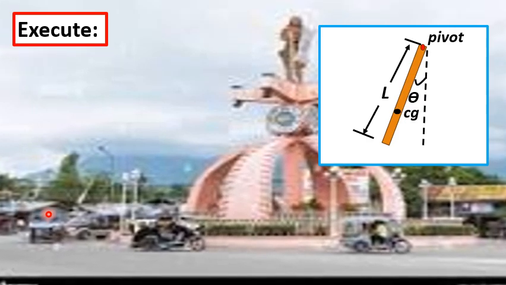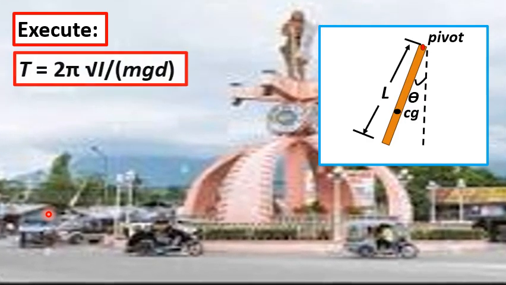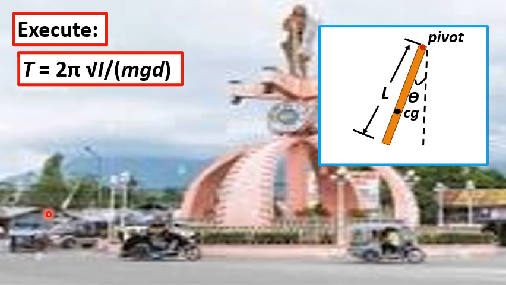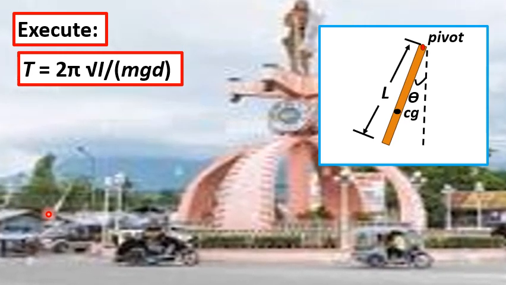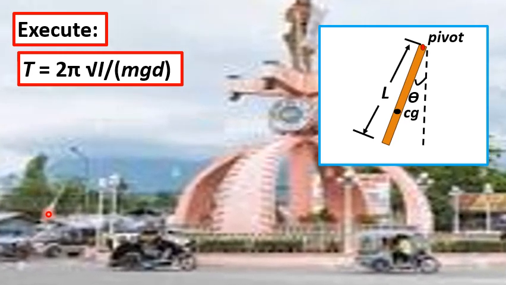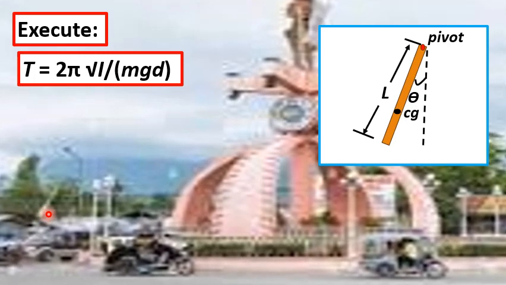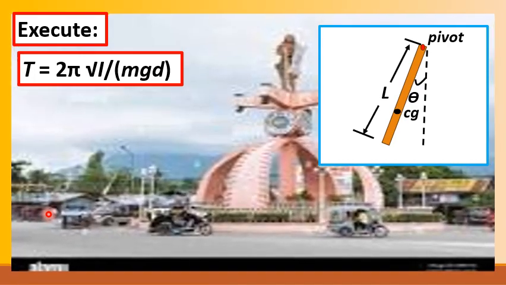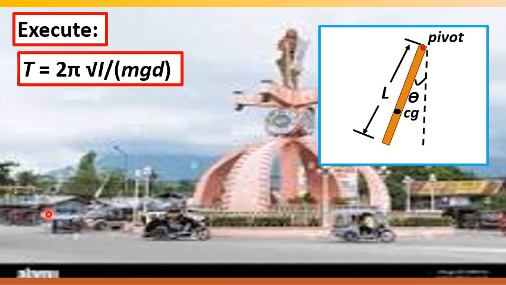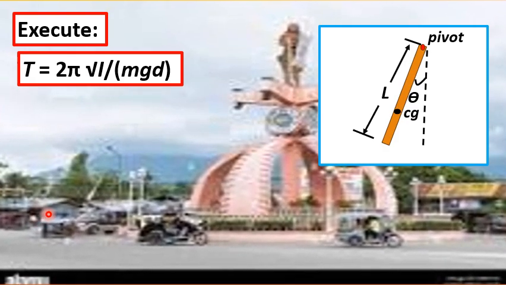Before we move on to our computation, let's take a look at the equation that relates the time period, capital T, of a physical pendulum such as the non-uniform rod that we are describing.